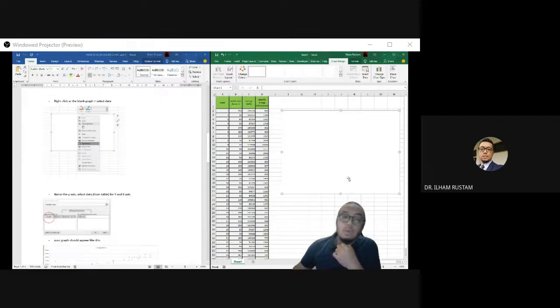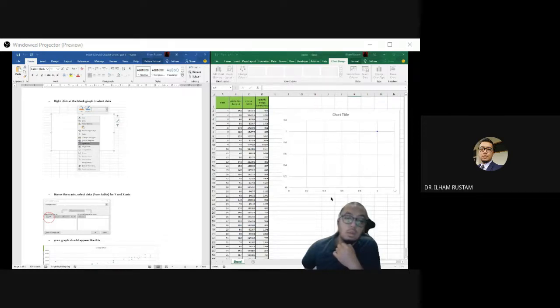First we need to right click on the chart and choose select data, and then click on legend entries. Make sure you click add. The series name is up to you, whatever you want to use.